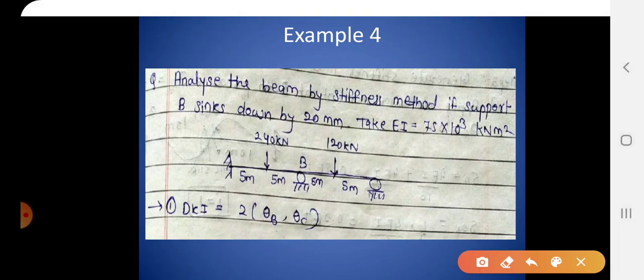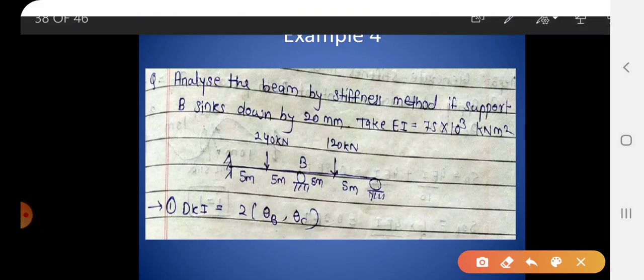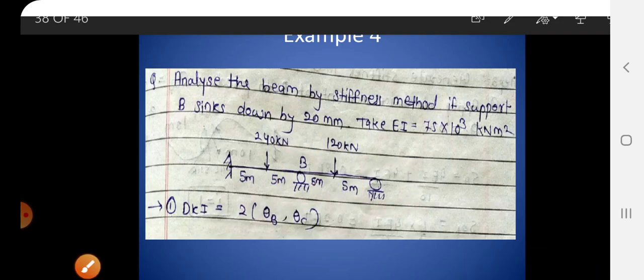For AB, A is a fixed support and B is an intermediate support, therefore we use the normal slope deflection equation. For BC, B is an intermediate or continuous support, but C is an end roller support. Therefore for span BC we have to use the modified slope deflection equation.